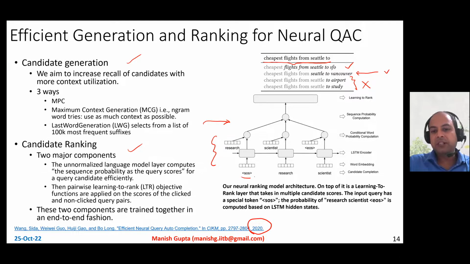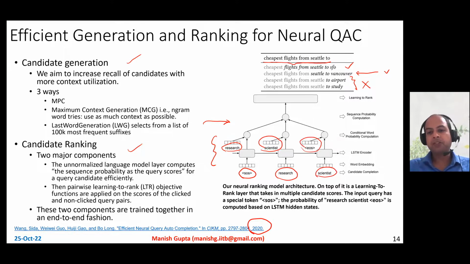So you say start of suggestion, and that generates the word research. You say next word research, and then you should be able to generate scientist. Say scientist, and it should be able to generate end of suggestion. So the idea is to be able to learn a very good language model based on historical query log. That's the first part of this model. The second part of this model is to basically take these generated tokens and combine them to form a suggestion.